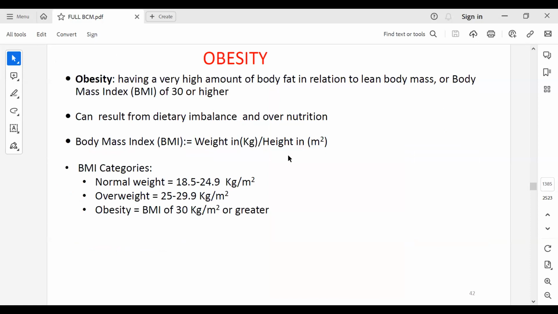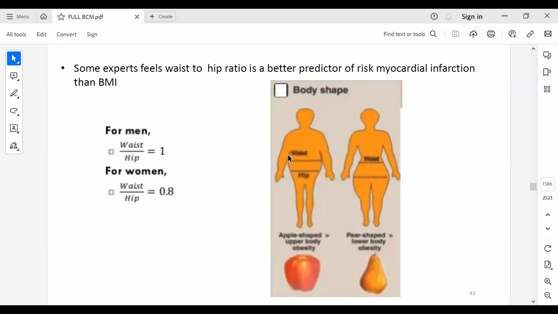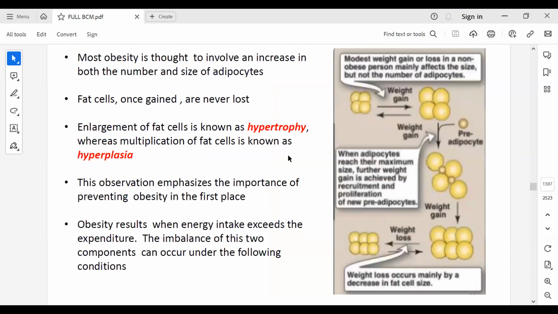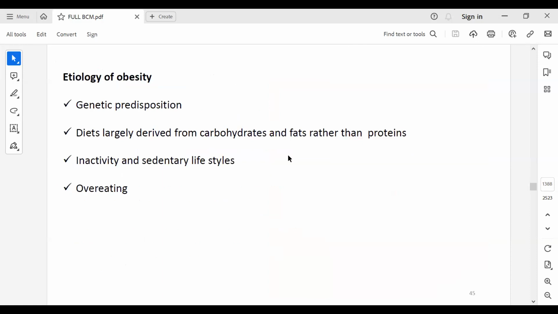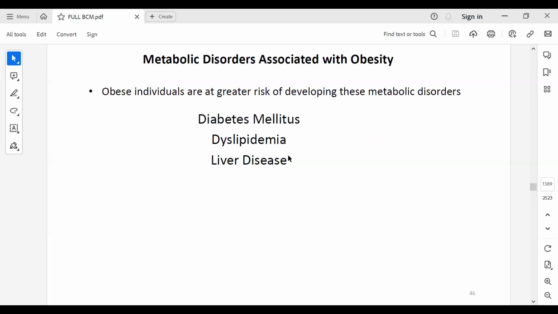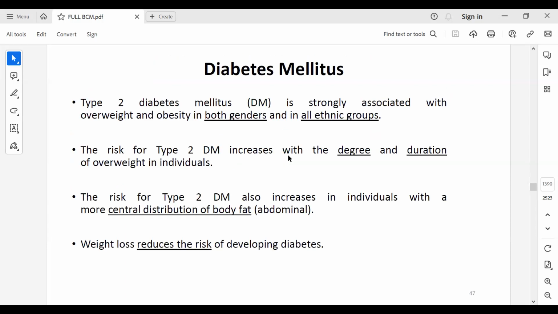I hope all of us know how to calculate BMI, which is weight in kg divided by the height in meters squared. Obesity can be a genetic predisposition or because of the diet or a sedentary lifestyle. But obesity can lead to metabolic disorders like diabetes mellitus, dyslipidemia, and liver disease.